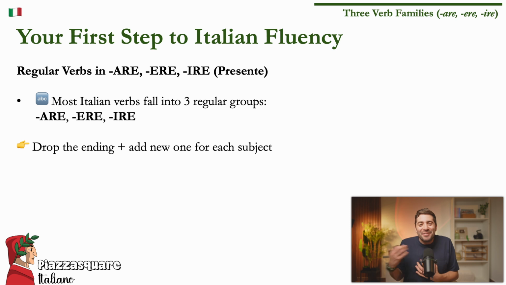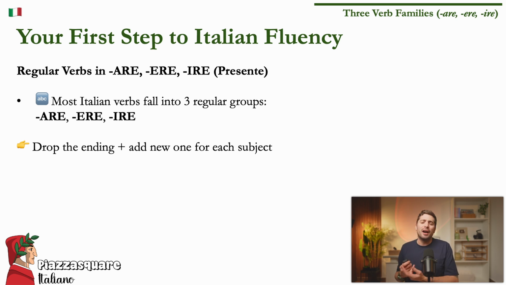While essere and avere are irregular, most Italian verbs are regular. They follow a predictable pattern, like a dance with set steps. They fall into three families, distinguished by the last three letters of their infinitive form, the to do something form.